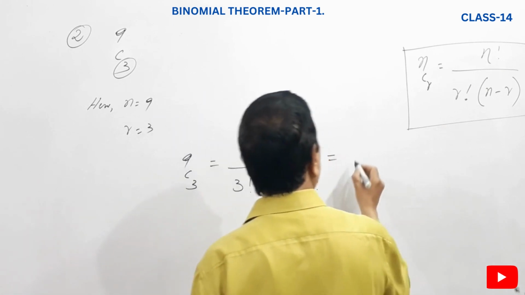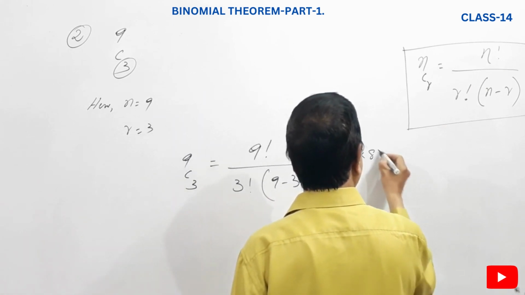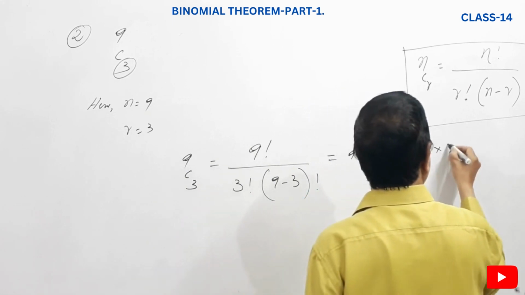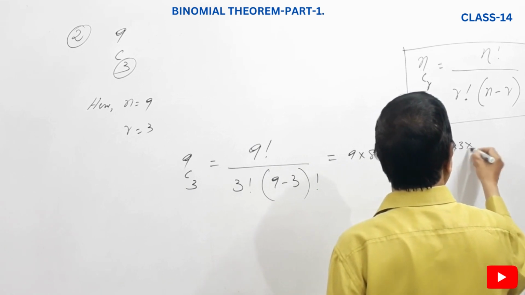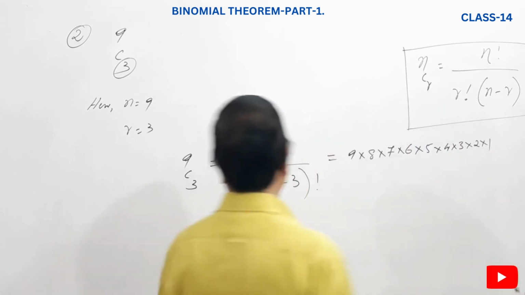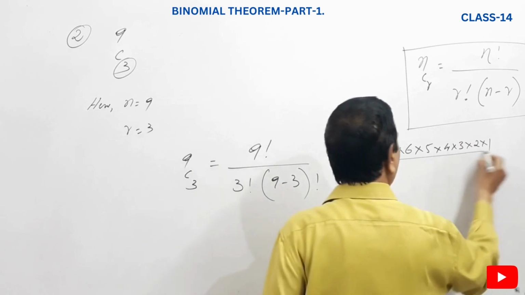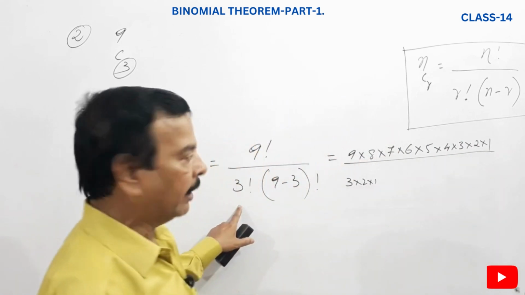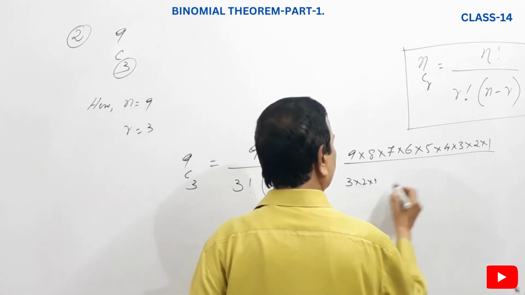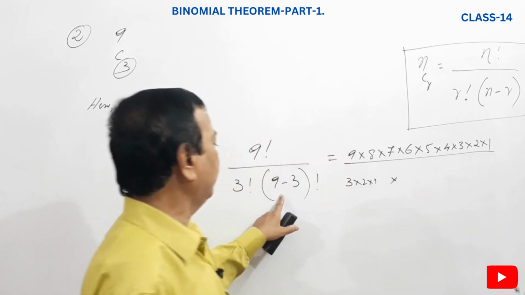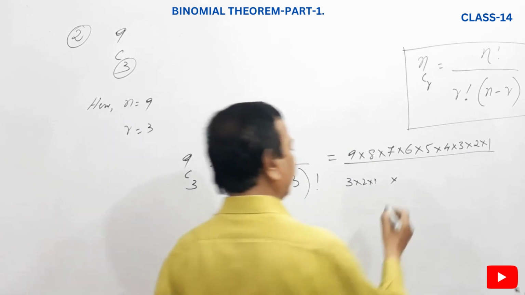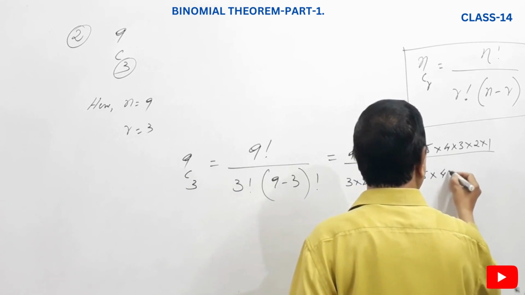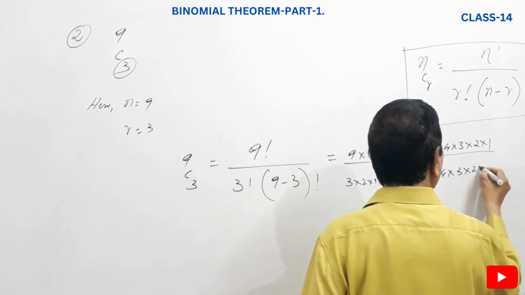This becomes 9 into 8 into 7 into 6 into 5 into 4 into 3 into 2 into 1 divided by 3 into 2 into 1, this is 3 factorial, multiplied by 9 minus 3 is 6 factorial, that is 6 into 5 into 4 into 3 into 2 into 1.